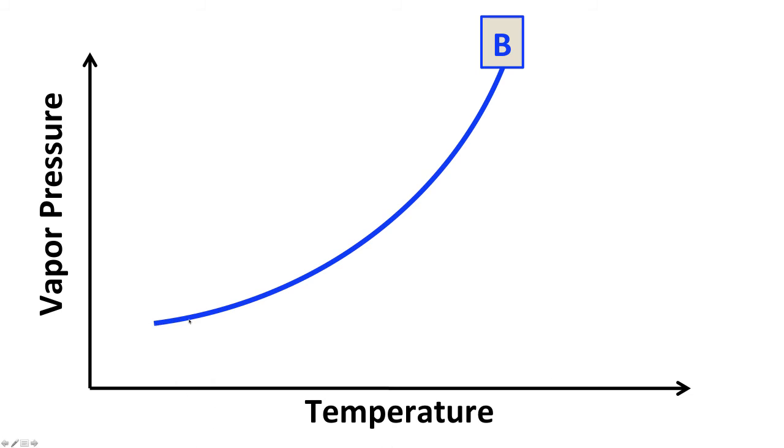We'll start with substance B, the curve we've just looked at, and at a particular vapor pressure corresponding to whatever outside atmospheric pressure you have. So let's say 1 atmosphere. The boiling point of substance B corresponds to the temperature at this point.